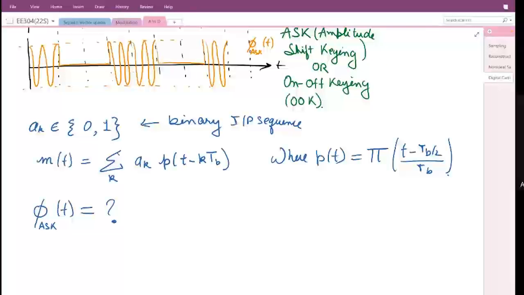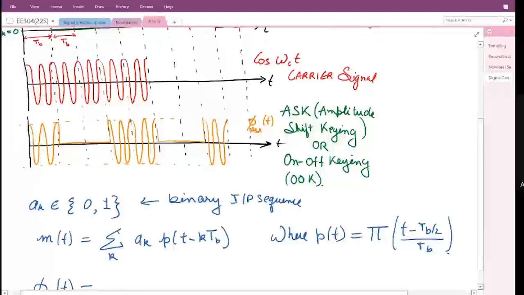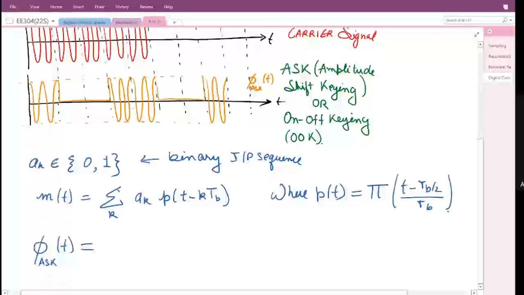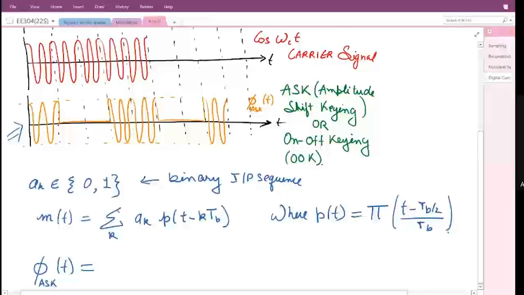Yes, sir. So what should we write this phi ASK as? Do you have any idea? If we have this message signal m(t) and this carrier wave cos omega_c t, then how should we write this modulated signal phi ASK t which we have drawn here, mathematically, in terms of m(t) and the carrier wave?